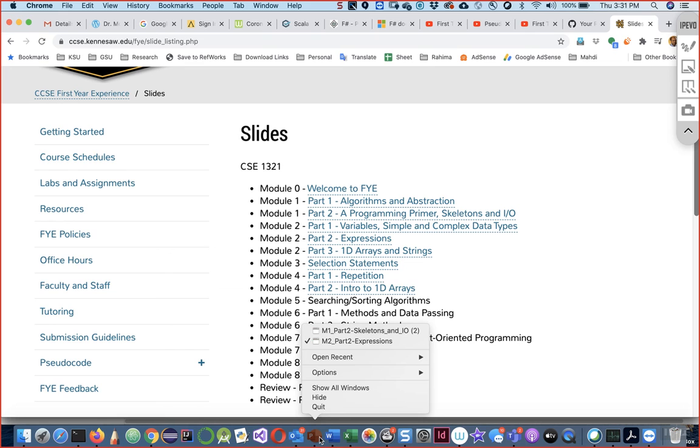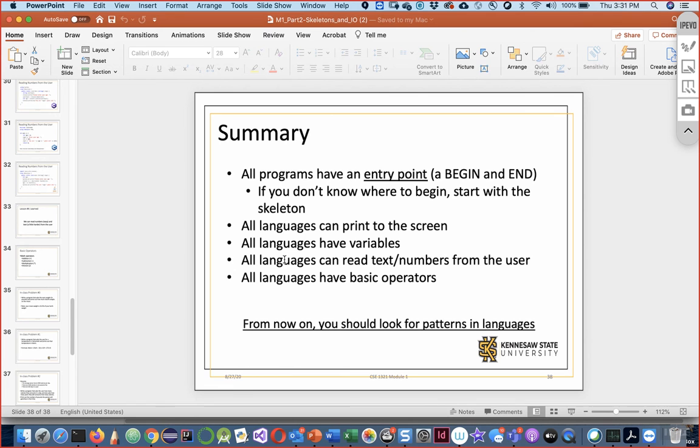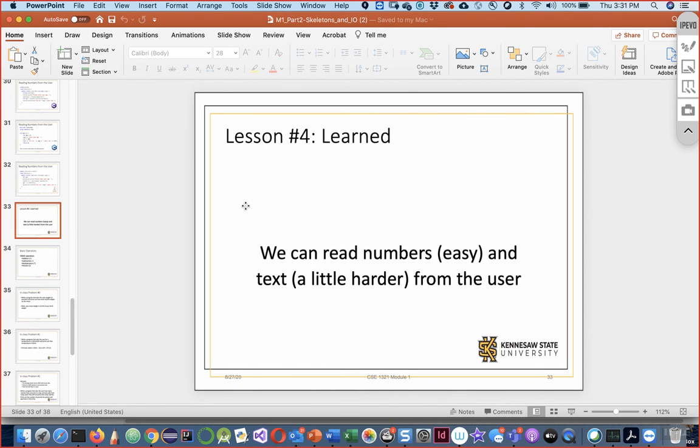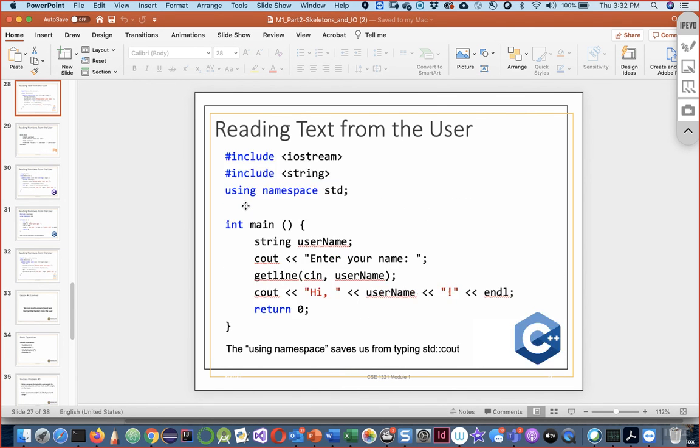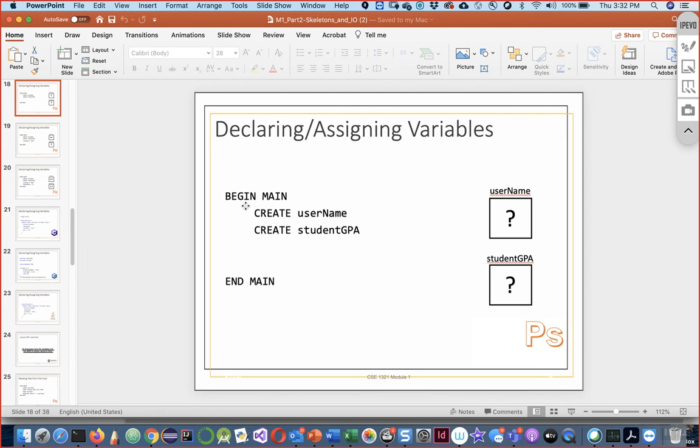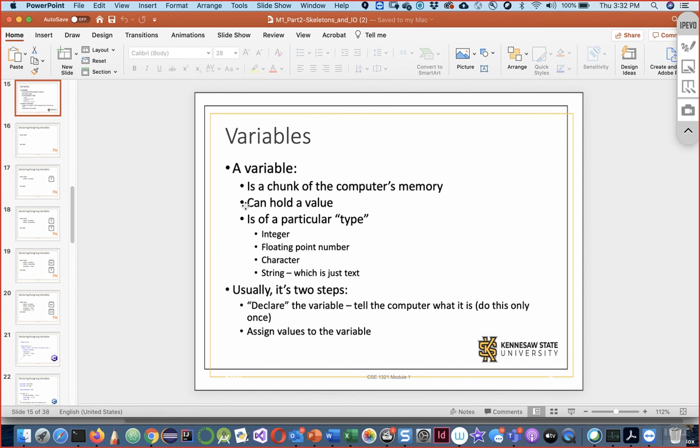So let us go to Module 1 Part 2. I skipped something. In Module 1 Part 2, previously I discussed variables, right? I discussed how to declare a variable, and how to use a variable.